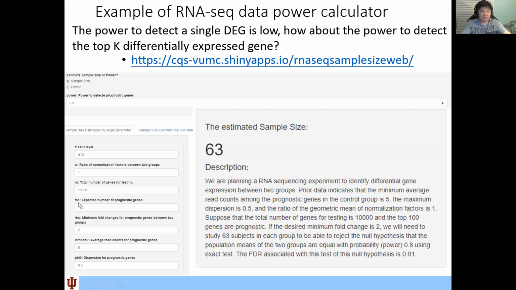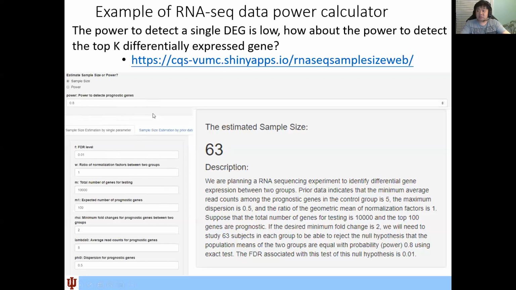For example, if we change it to 50, it will show how many RNA-seq samples we may need to detect the top 50 differentially expressed genes with a power of 0.8.